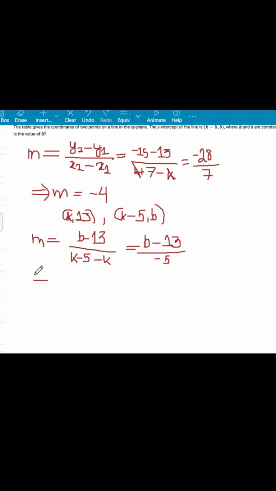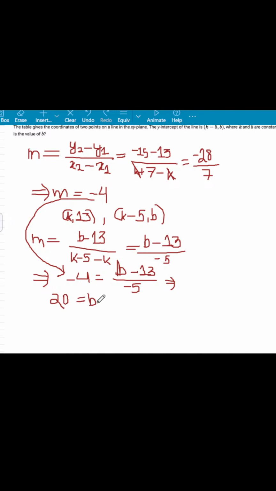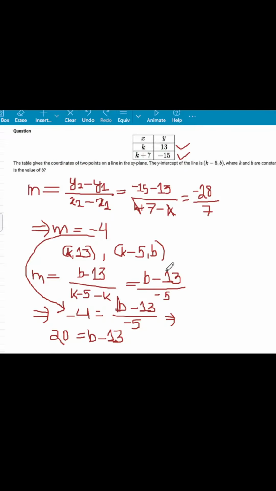Okay, now we put the value of minus 4 that we got here. So m is minus 4, so minus 4 is equal to b minus 13 by minus 5. Then this will multiply here and we'll get 20 is equal to b minus 13.